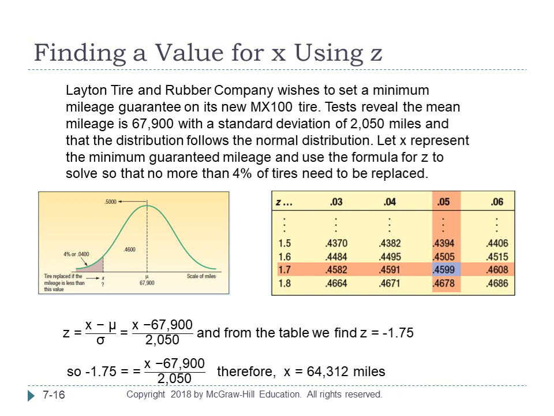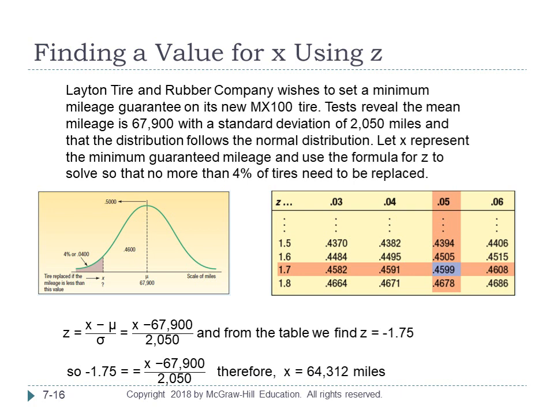Z is equal to X minus mu over sigma, so it's equal to X minus 67,900 divided by 2050. So you can solve this equation for X: multiply Z by 2050 and add 67,900, and that will give you the value for X.